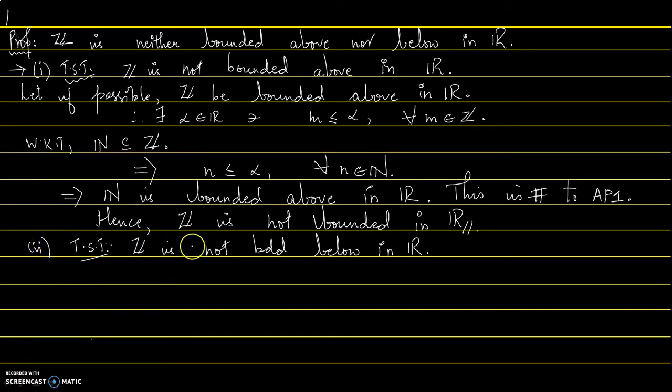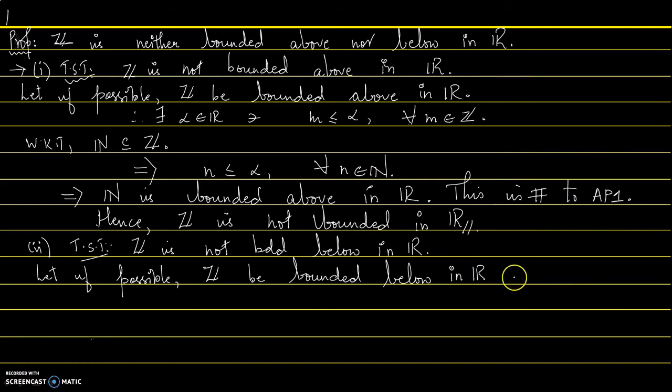So again by contradiction, let's assume that, if possible, Z is bounded below in R. So this is our assumption.